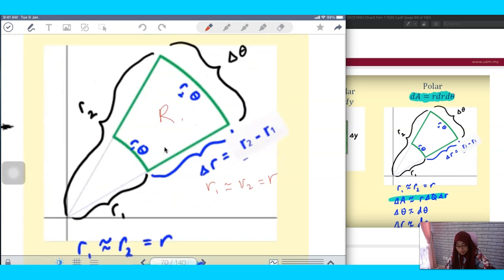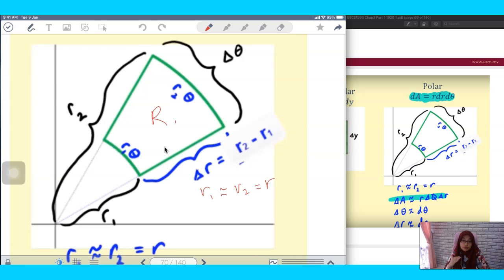Now, because this is part of a circle, in order for you to determine the length and the width, we have to refer to the formula for the arc length. The length of this is given by the changes of r, so we call it delta r.